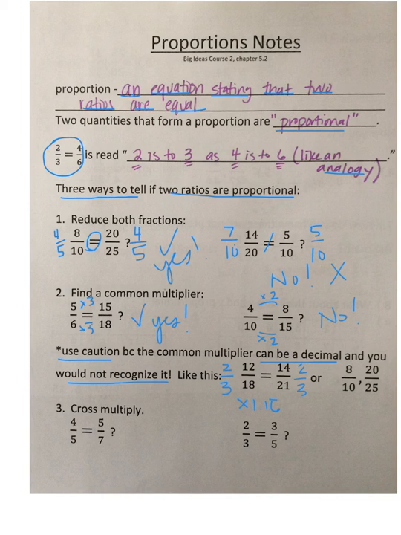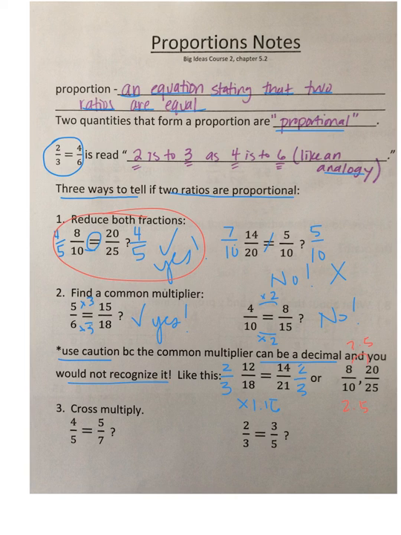All right, and then we know 8/10 and 20/25 are equal because right over here we decided that they were. But 8 times something weird is 20, times 2.5, but guess what? 10 times 2.5 is also 25.